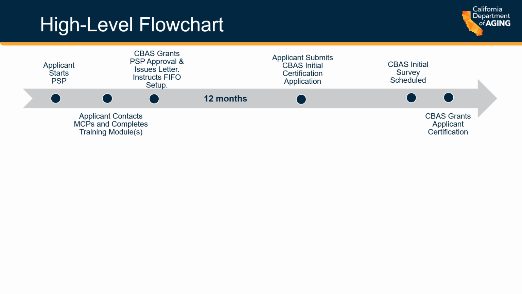Once all application documents are approved and we receive a copy of the issued ADHC license from CDPH, schedule your CBAS survey. Once the applicant passes the CBAS survey, we will grant the CBAS initial certification and notify DHCS to activate your NPI.